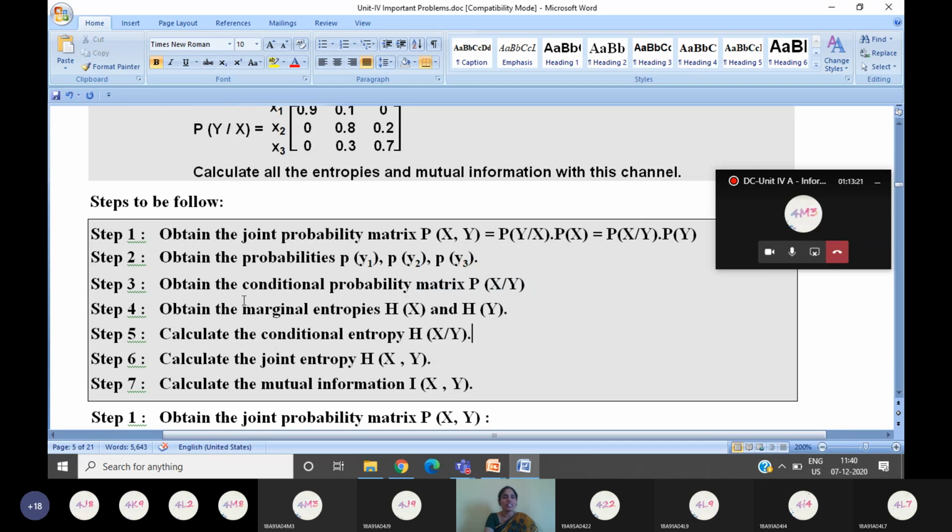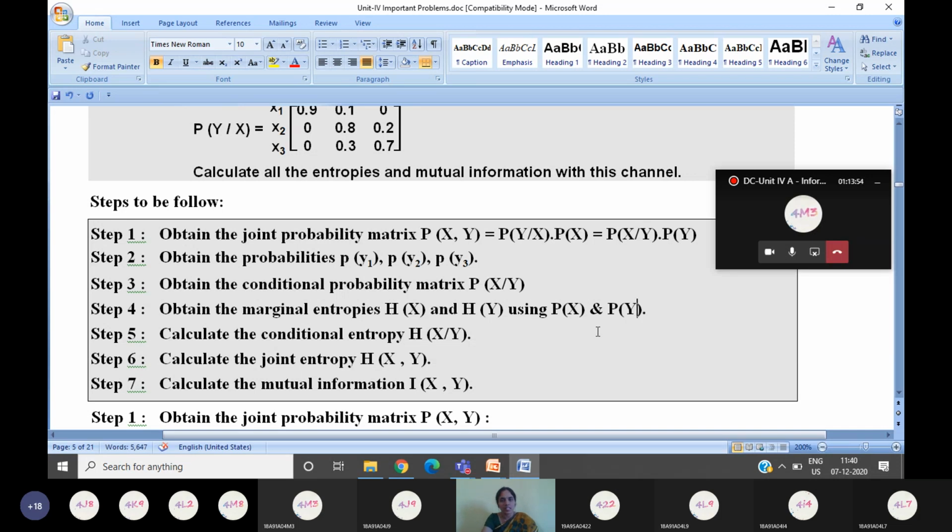Okay, and the next thing is to obtain the marginal entropies. What are the marginal entropies? H of x and h of y. Write it here, or obtain the marginal entropies h of x and h of y using p of x and p of y.